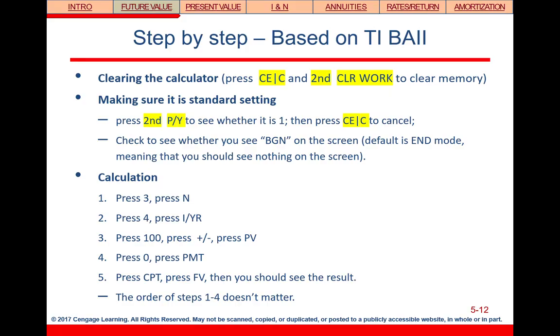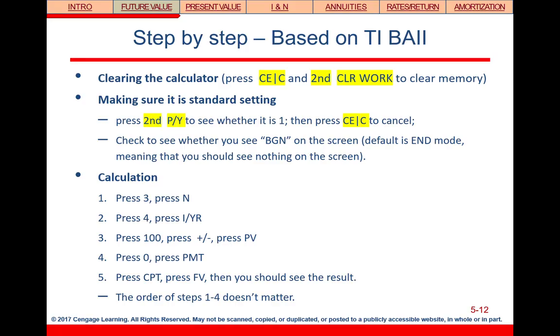And then the third one is the present value. Present value is $100, but because it's an investment, it should be negative $100. So what should you do? Press 100, then press negative. Negative is the fourth button in the last line of the calculator.